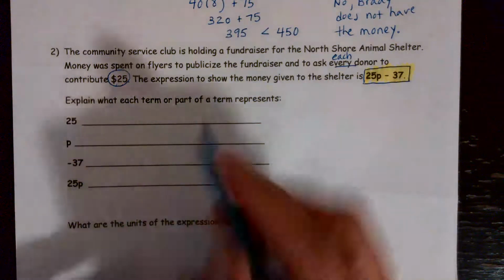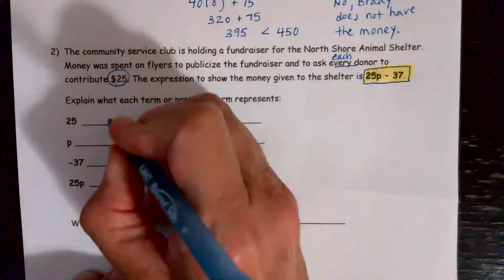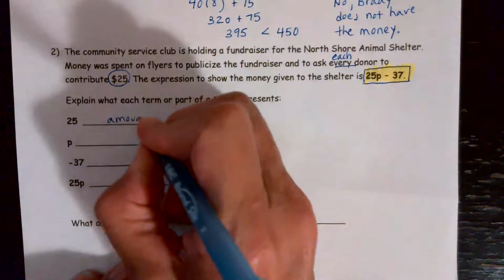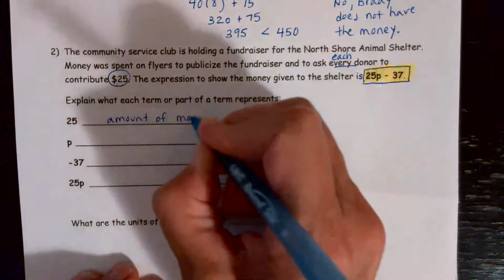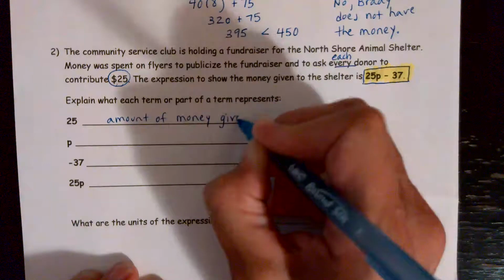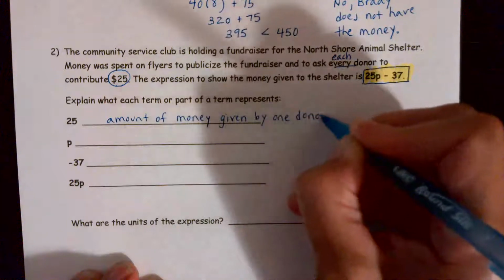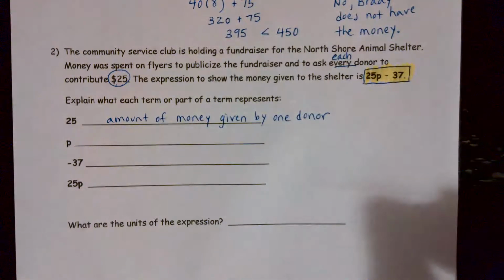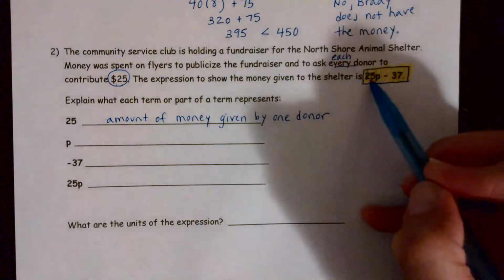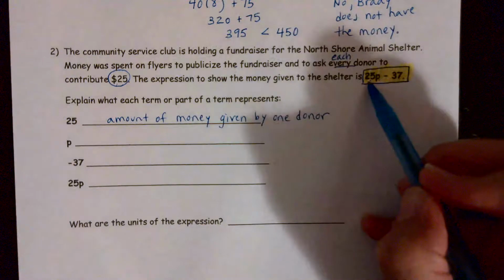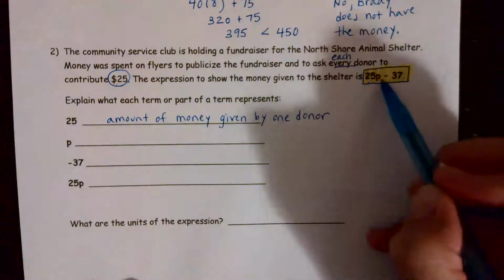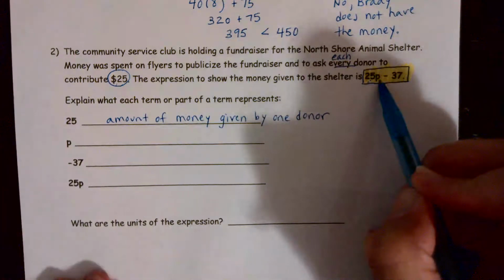So the $25 is the amount of money given by one donor, because each donor is asked to give $25. Since the 25 is next to p, if this is the value for 1, then p has to represent our quantity.